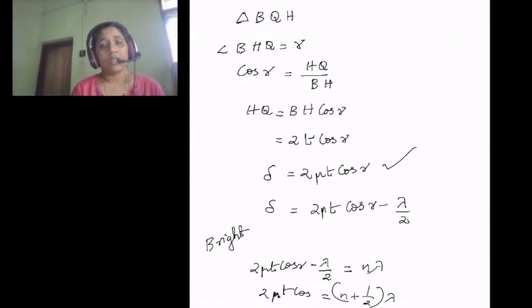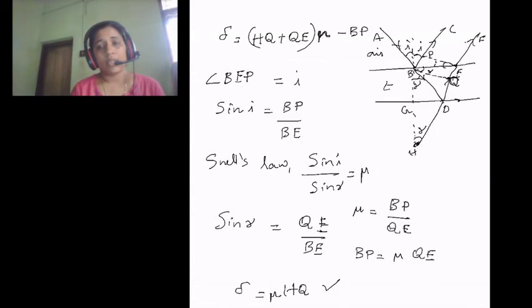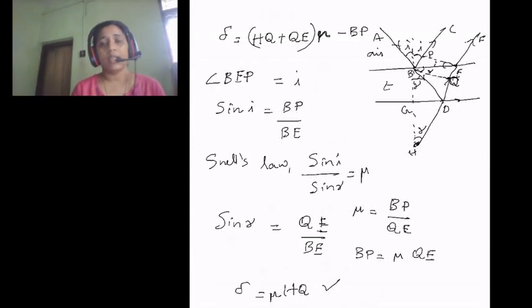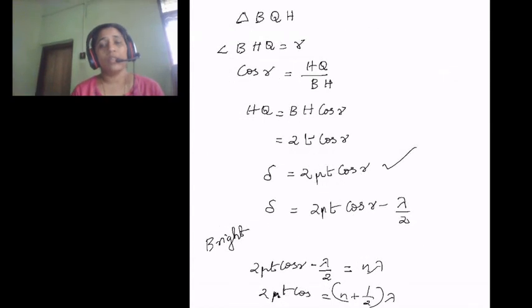Therefore cos r is equal to adjacent by hypotenuse, that is HQ by BH. So HQ is equal to BH into cos r. We can see from here that BH is actually the double value of thickness. That means BH is BG plus GH, and BG is equal to GH. Therefore that BH becomes t plus t, that is 2t. Thus HQ becomes 2t cos r. Thus delta is equal to 2 mu t cos r.